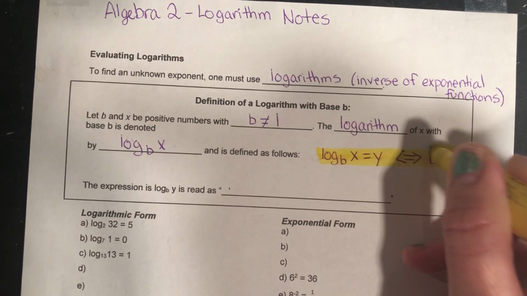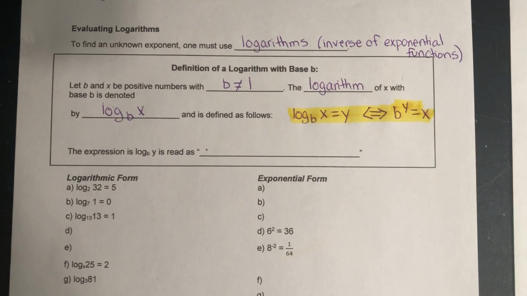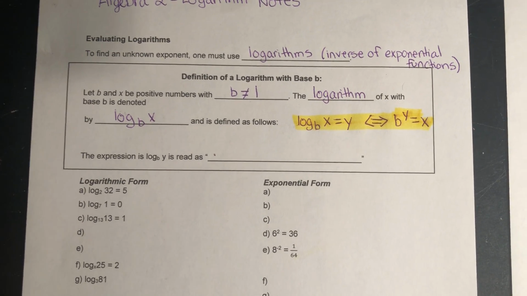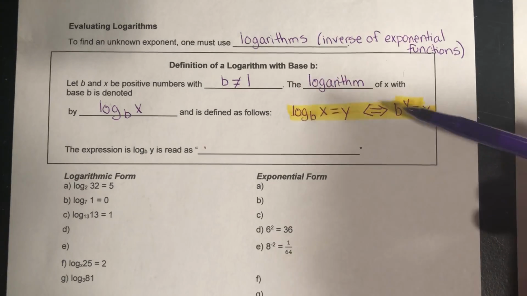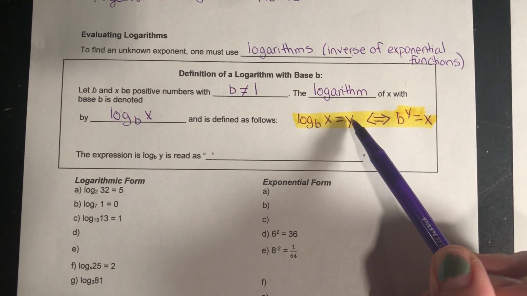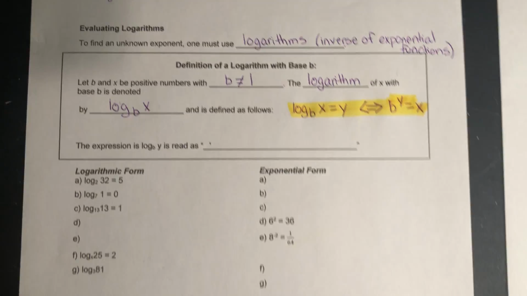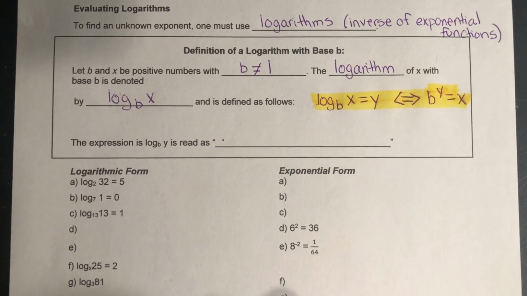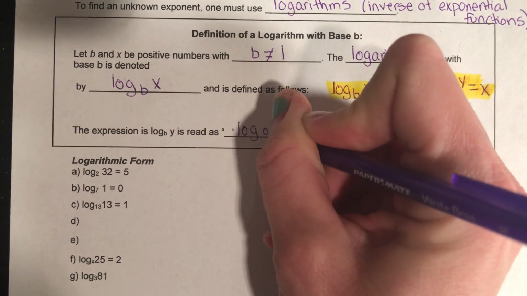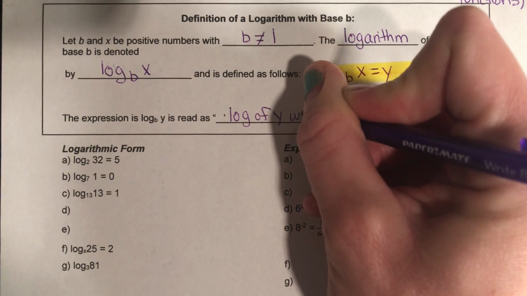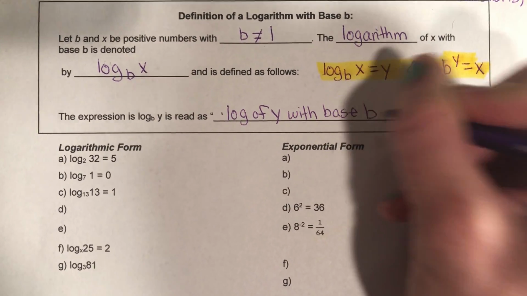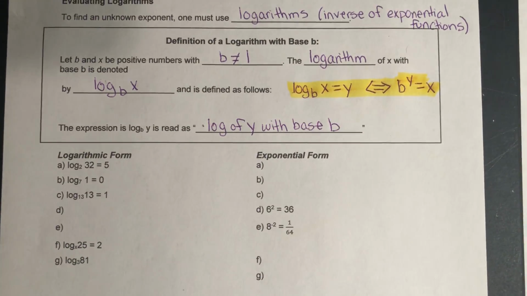So log base b of x equals y is the same as b to the y power equals x. So the base to the y power equals x. The expression is read as log of y with base b.